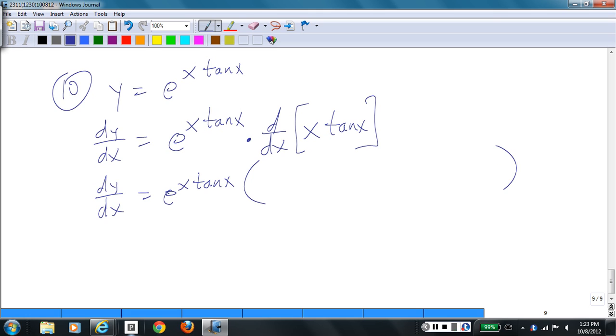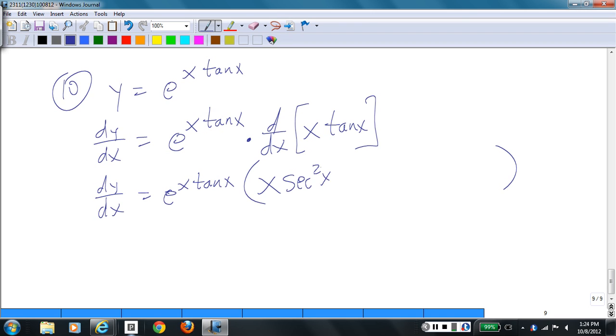how do we take the derivative of x tangent x? You have to use the chain rule again. Well, maybe not the chain rule, but which rule? It's x tangent x, so it's x times tangent x, so it's a product. So it's the first times the derivative of the second, the derivative of tangent x, secant squared x, plus the second times the derivative of the first. Oops, what's the derivative of x? It's not x. It's 1. There we go.